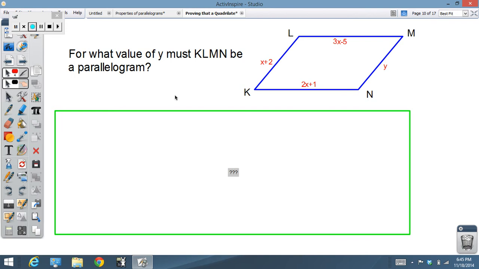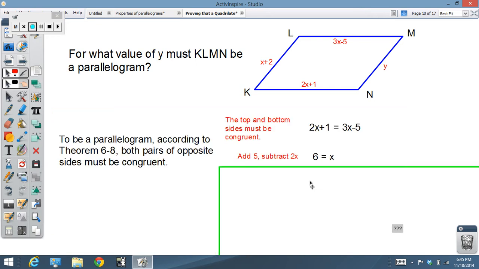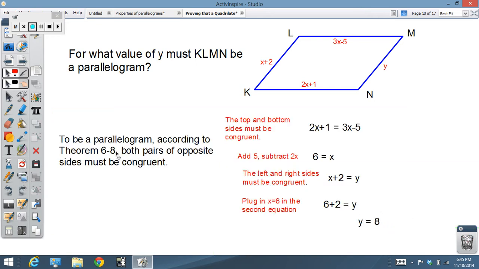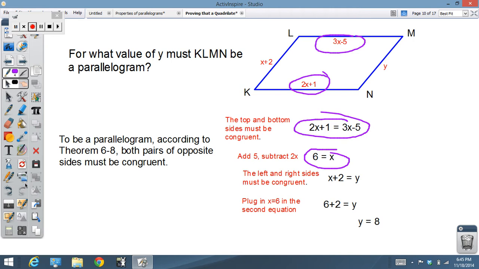Okay, here we go. For what value of y must this be a parallelogram? Well, to be a parallelogram, according to Theorem 6.8, both pairs of opposite sides must be congruent. So I'm going to start up here that this must be congruent to that because I can solve that. By doing algebra on it, subtract the x, add the 5, we find out x is 6.